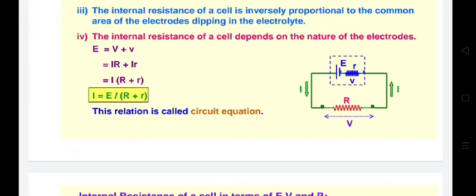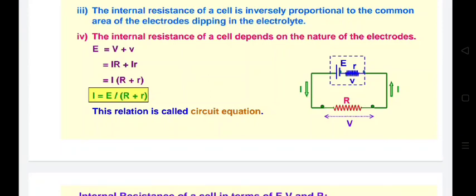Now we are going to find out the relation between EMF, E, capital E represents the EMF of the cell, V, that represents the terminal voltage, and small r, that is the internal resistance of the cell. So we have a circuit diagram in which a cell is connected to a resistance, a voltmeter, and internal resistance.